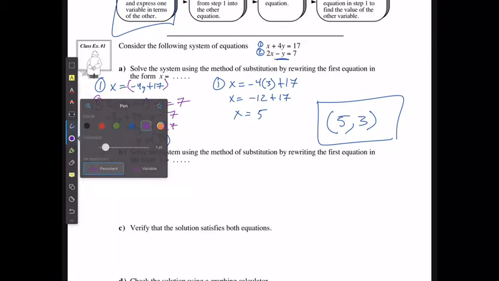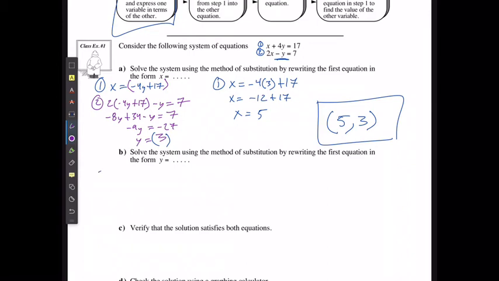So I'm going to take equation 2 and say that if I have 2x minus y is equal to 7, then negative y is going to equal negative 2x plus 7, or y is going to equal 2x minus 7.